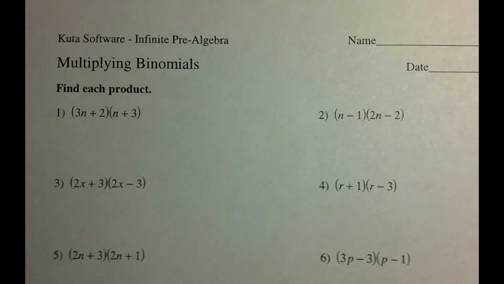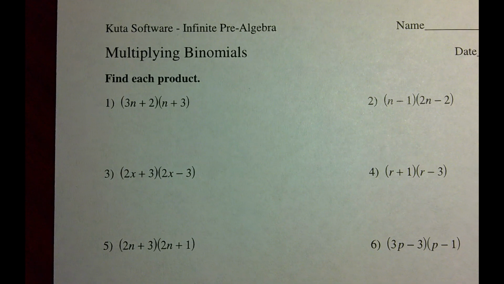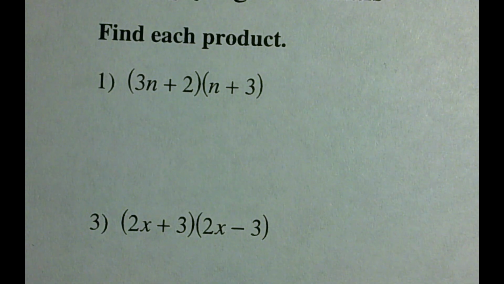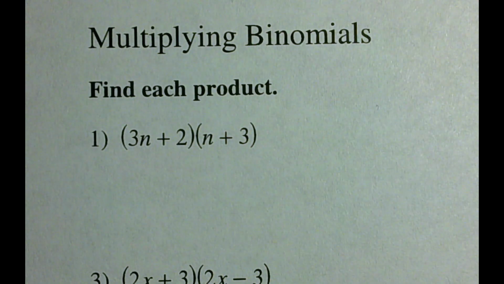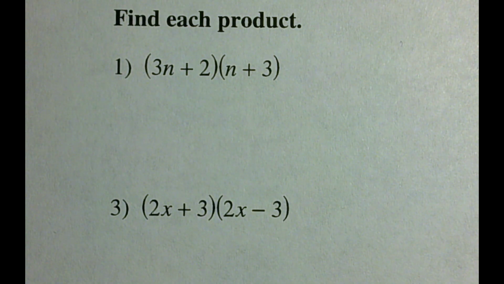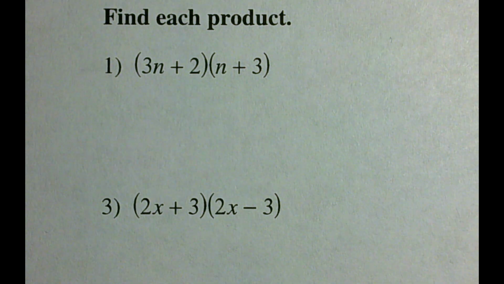I'm going to start us with number 1. I'm going to zoom, it's kind of little. So let's see, we try some more of the box method. I'm going to start by giving myself a little box.